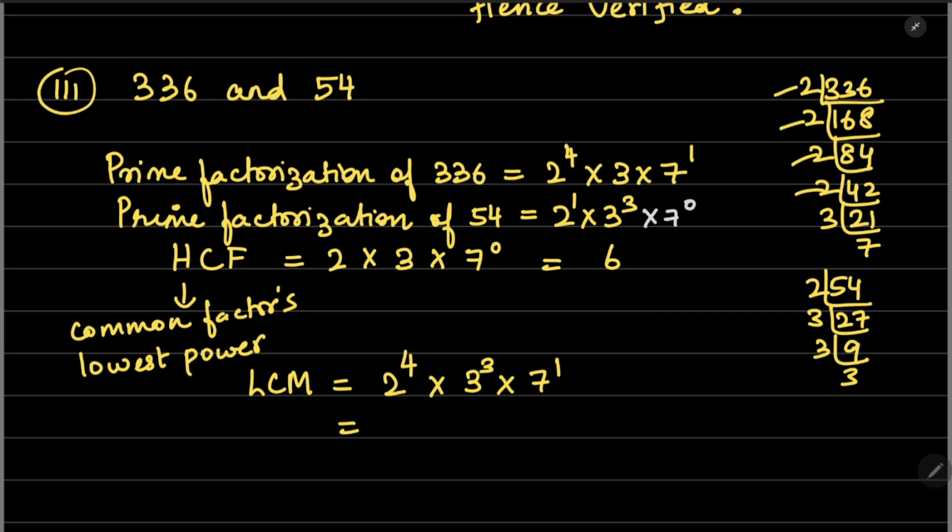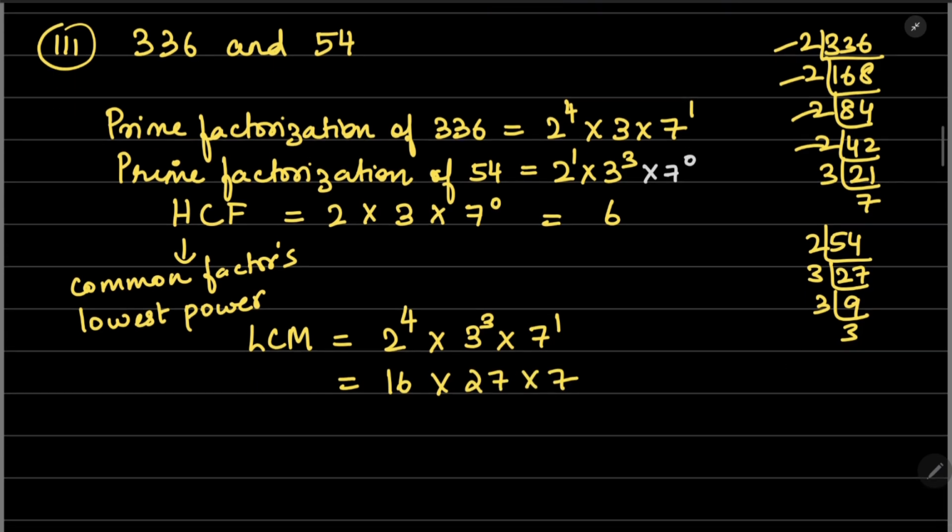Again, 2 to the power 4. So 2 2s are 4, 2s are 8, 2s are 16. Multiplied by 27, multiplied by 7. So you have to patiently calculate what is 27 multiplied by 7. So 7 7s are 49, 189. Multiplied by your 16, right?